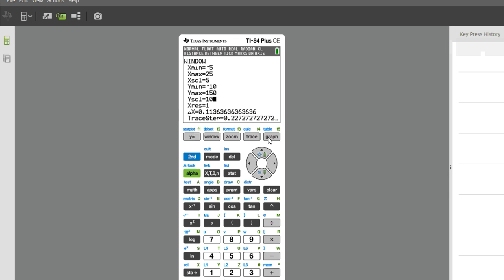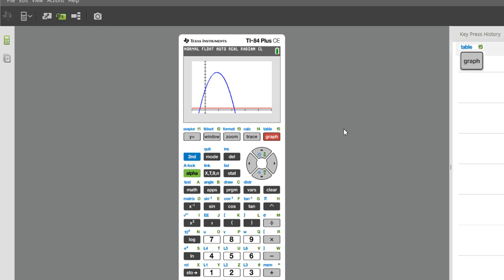Once you have your window set, if you hit graph, you again double check to see, do you see everything that you need to. So here is the path of the baseball being thrown by the astronaut, right? So that's where it's being released from, going up, and we want to see where it's going to be caught 6 feet above the ground, and so that would be this location here. So we're looking for this intersection point.